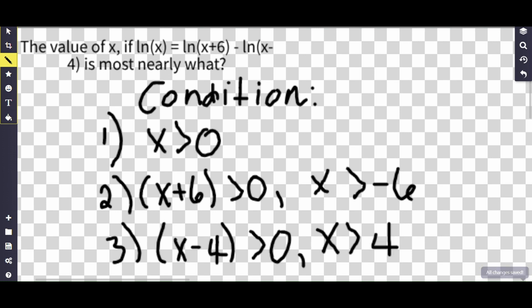Based off of these conditions, we see that x is equal to 6.